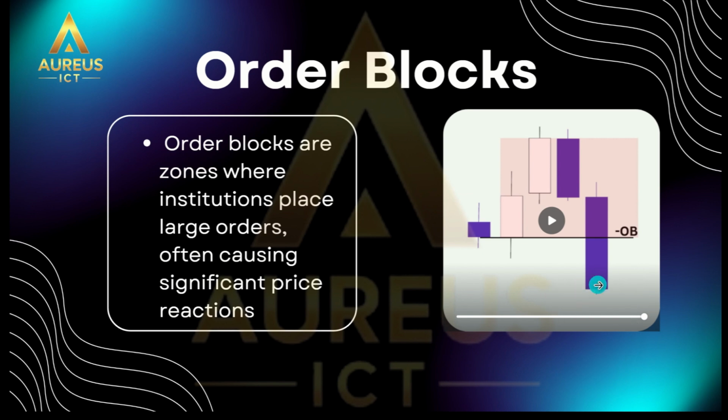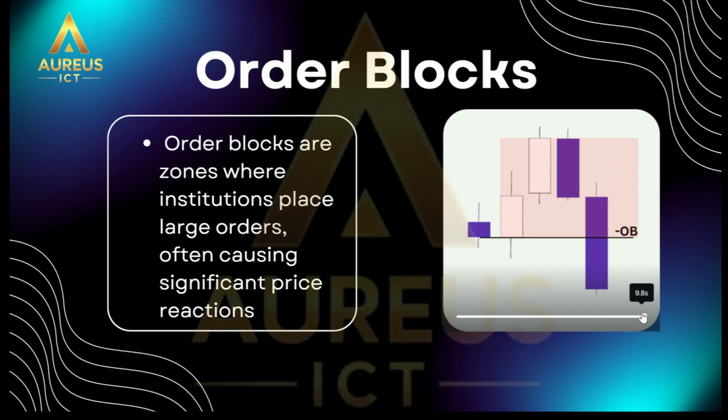And you may realize that another candle may form here, creating a bearish fair value gap, and price may tap into both the order block and the fair value gap and then shoot lower. What we call that is multiple confluences. It simply means we have many confirmations that price is really trying to push lower.